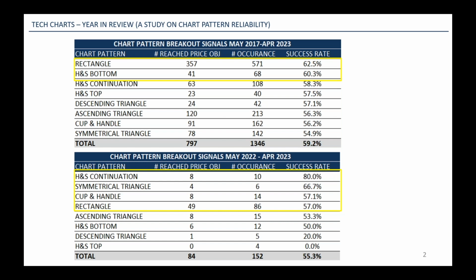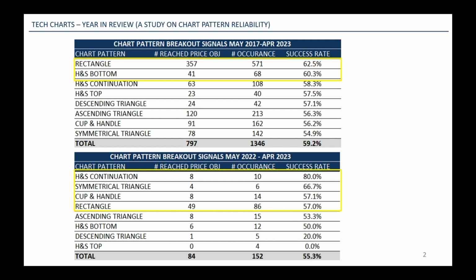So just looking at these statistics, looking at this table, you can come to the conclusion that when you have a symmetrical triangle or a rectangle, you would rather go with the rectangle due to its probability of success in the long run. Same can be said with the head and shoulder patterns.